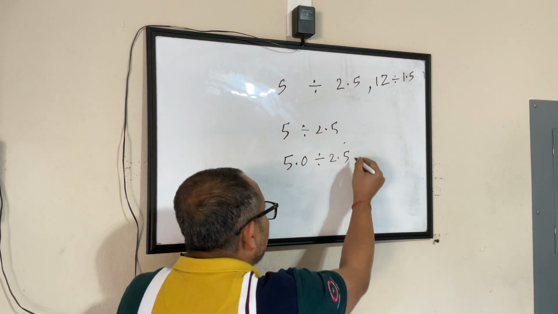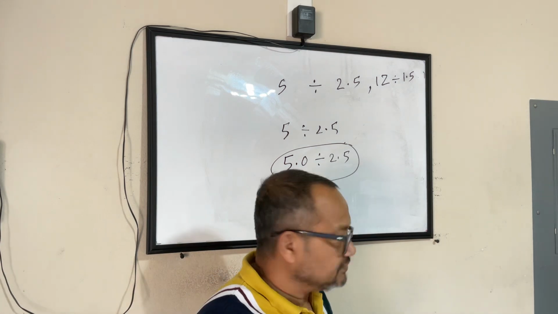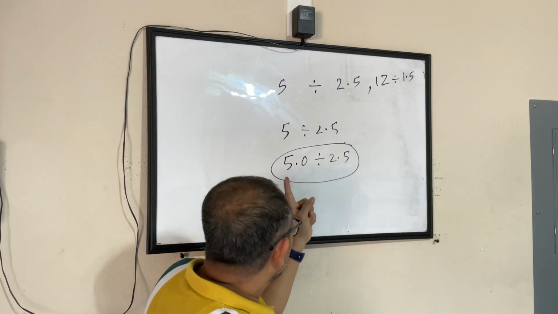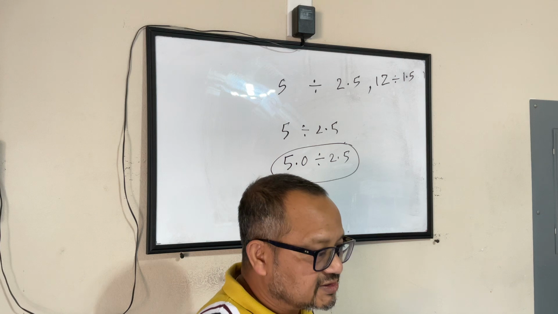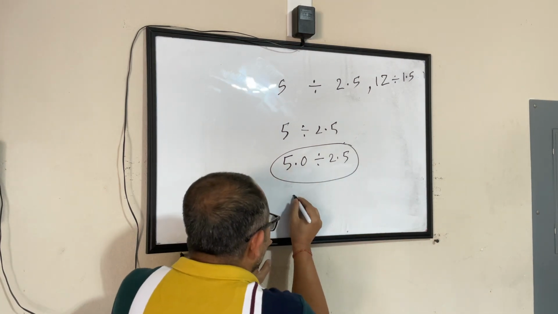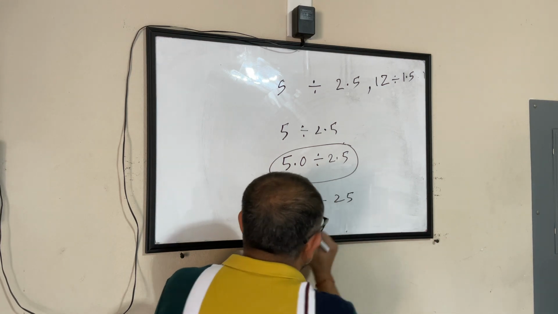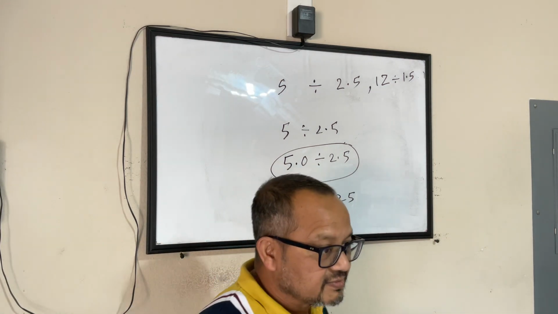Now both the numbers have the same number of digits. I will just ignore the decimals and write the number as is. I am talking about dividing 50 by 25.